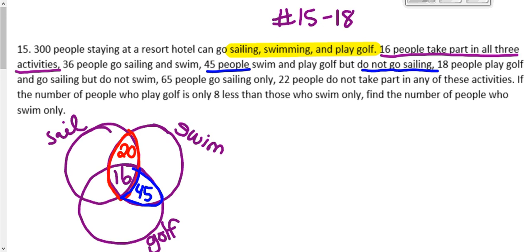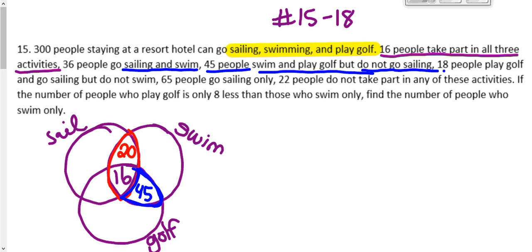The reason why for the red I had to subtract out the 16 is because they just said sailing and swimming in general. So that's the whole intersection of sailing and swimming. Okay, but the next part said swim and golf, but not sailing. So they are specifically talking about this little part that intersects swim and golf, but does not intersect sail. So they told us that is 45 and there's no reason to subtract.